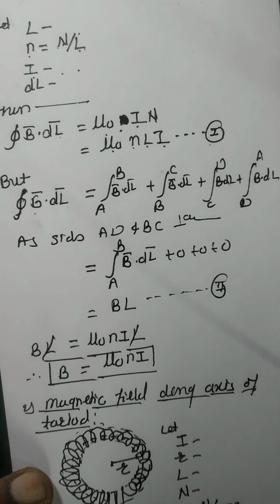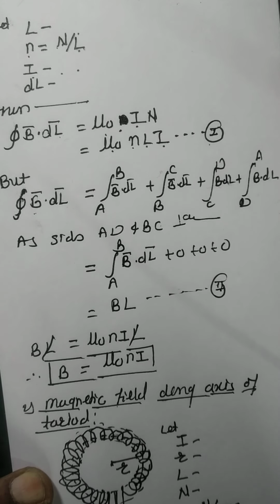Suppose this is equation number 2. जसं इथे केलंय तसंच इथं. From equations 1 and 2, B into 2 pi r is equal to mu naught n I. Therefore, B is equal to mu naught into n divided by 2 pi r into I.